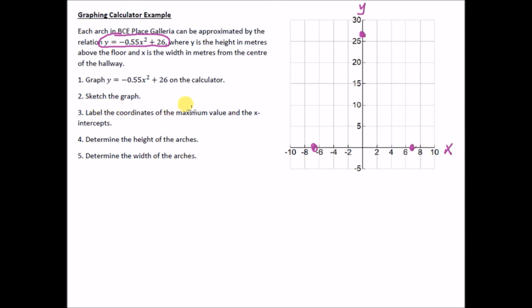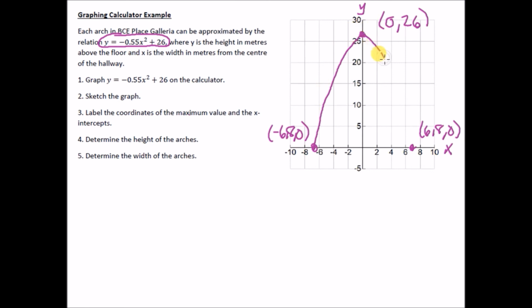So label the coordinates of the maximum value and the x-intercepts. So negative 6.8, comma 0. And then we have 6.8, comma 0. And then we have 0, comma 26. Okay, now let's actually draw the graph.